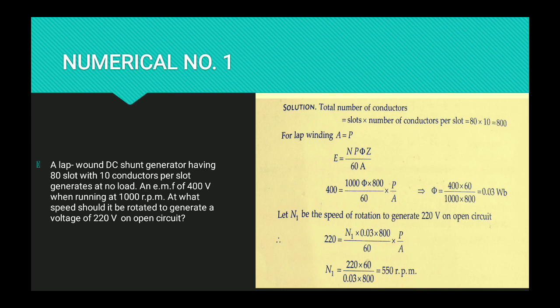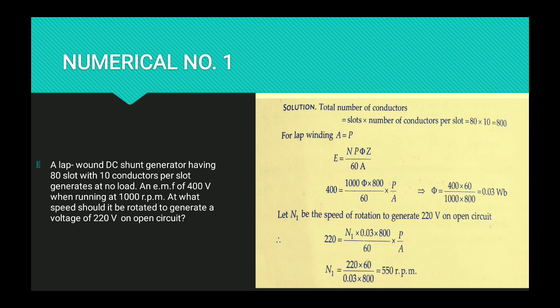So 400 volt equals 1000 RPM into phi into 800, that is Z or the number of conductors, into P by 60 into A. In case of lap winding, P and A both are the same.